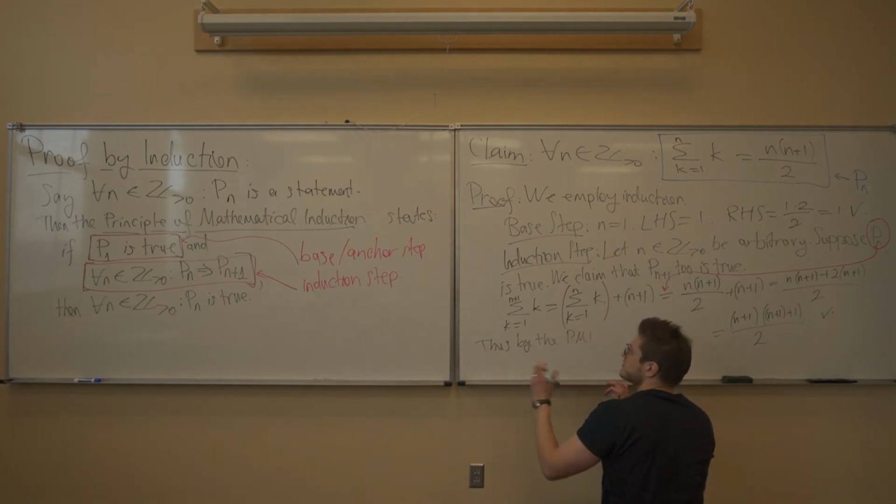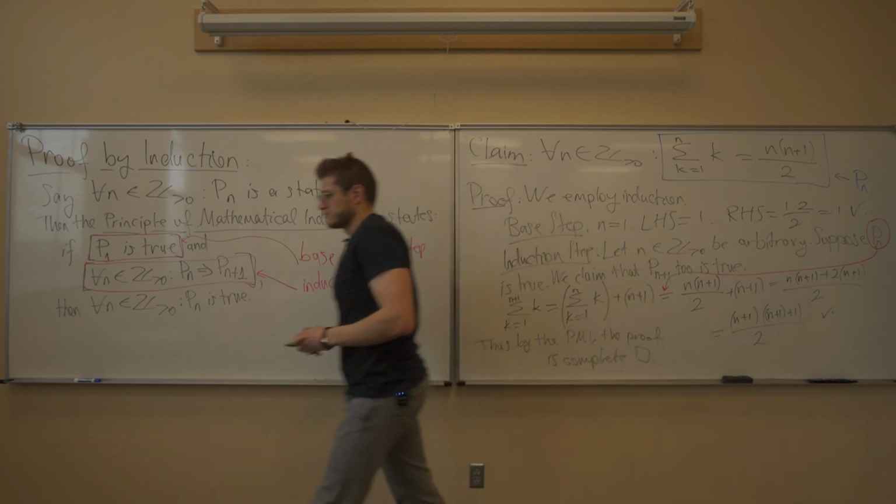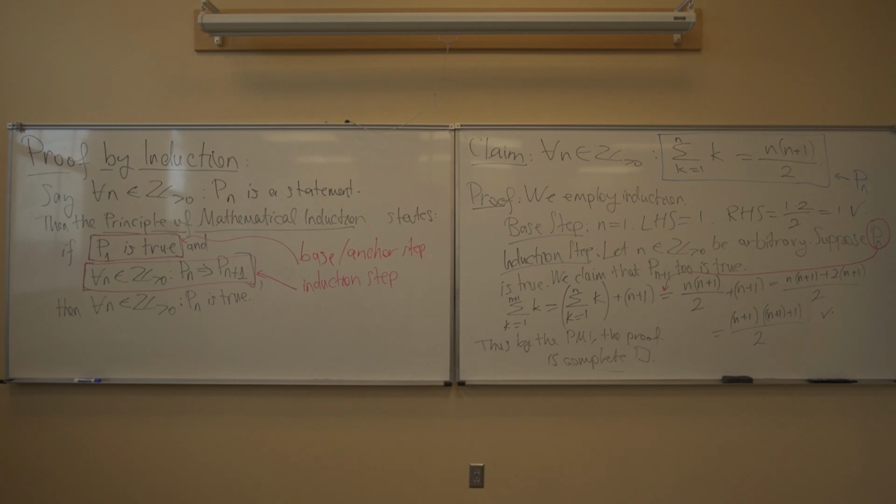By the PMI, principle of mathematical induction, the proof, let's say, is complete. Okay, that's a typical, and in fact, this is probably the best example of induction. Any questions about this?